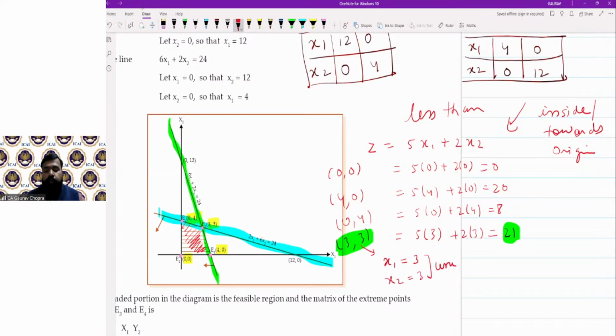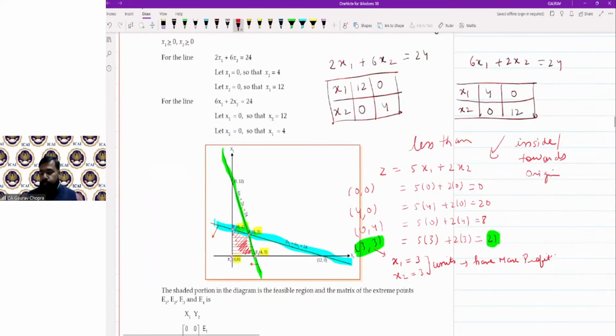So if we prepare 3 units for both, we will get maximum profit. तो अगर हमने दोनों के 3 units prepare किए हैं, then उस केस में हमें क्या मिलेगा? Maximum profit. So this is a complete question. So let us summarize this, what we have done here.